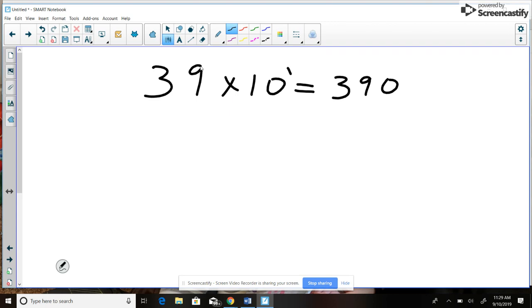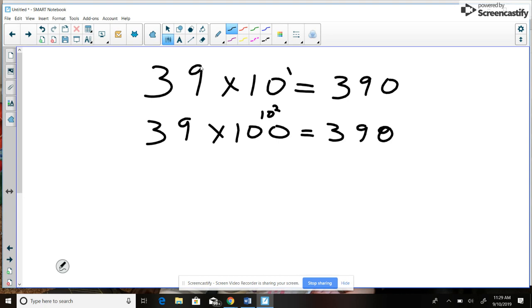So for instance, this is 10 to the power of 1. Or 100, which is 10 to the power of 2, everything shifts twice. Or 10 to the negative 1, which is 1/10, everything shifts to the right and gets one place value smaller.